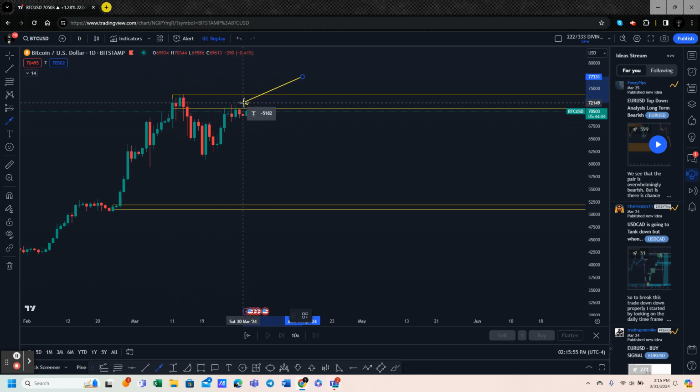Now what happens when it comes down here? If I want to buy something cheap, I need more sellers than buyers. So if a lot of people start selling and we get to this area, I want a lot of sell orders so I can come in and buy.